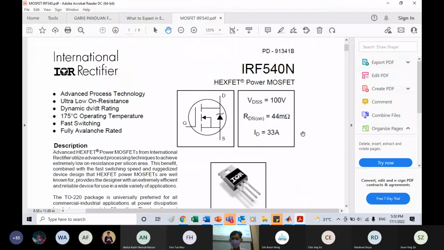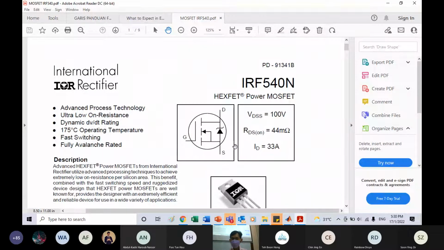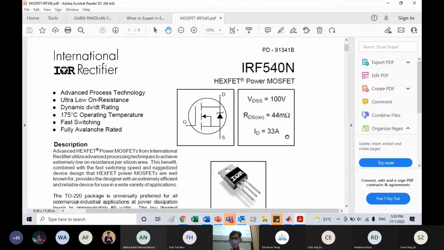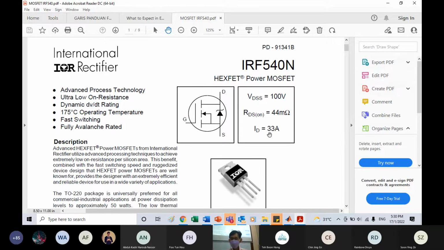Even on the first page of the data sheet, it will show you the maximum voltage, the maximum current you can apply to the transistor, and this is the RDS turn on resistance. Of course, in real design, the ID is not the maximum, because you may have some circuit where the ID may be like 16 or 35, I don't know.